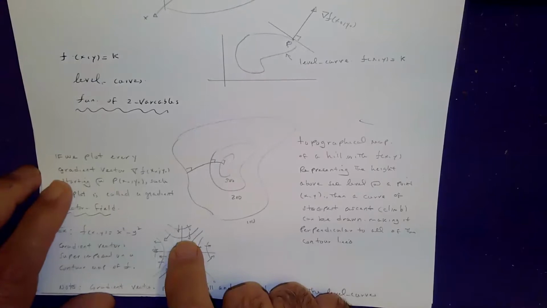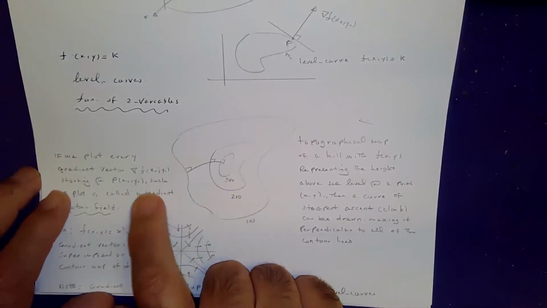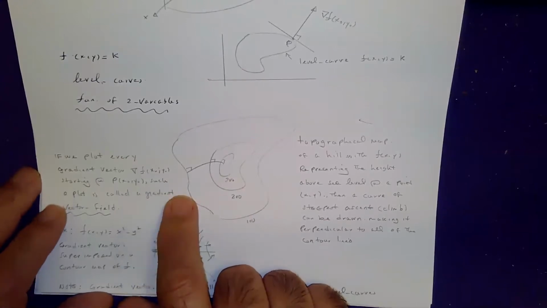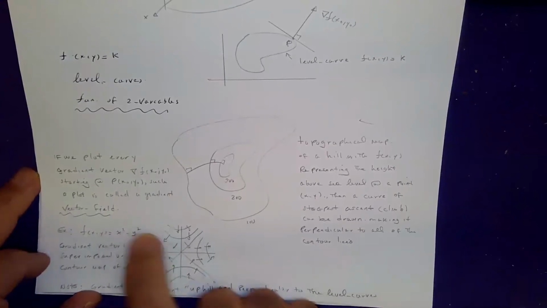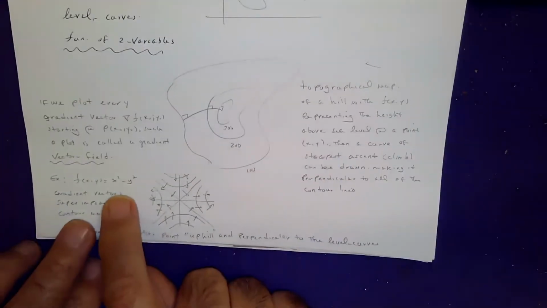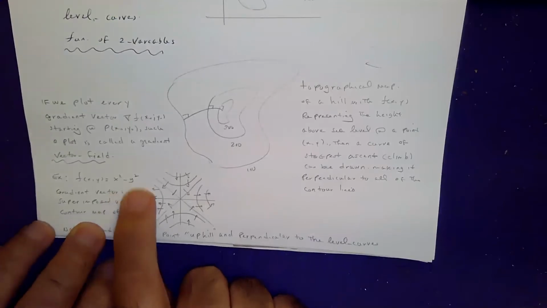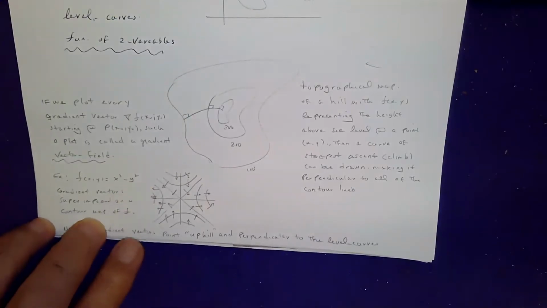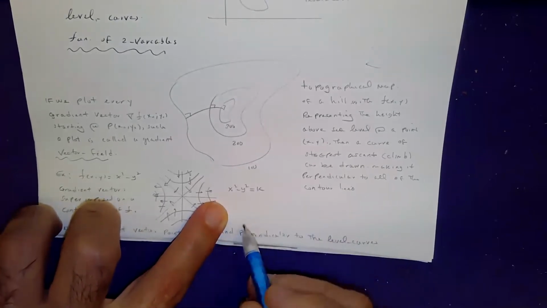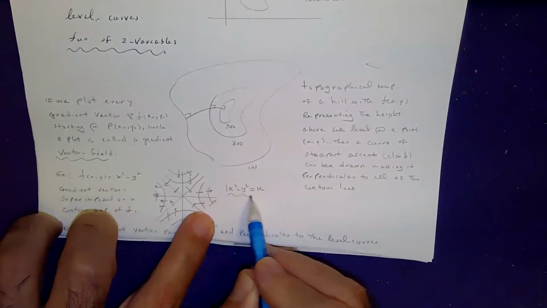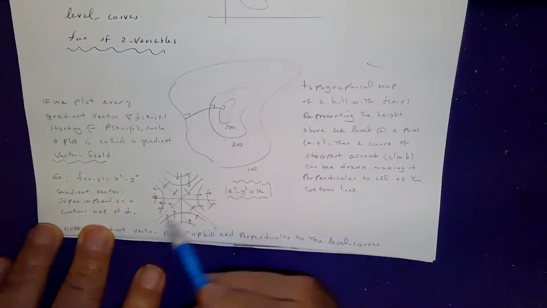If we plot gradient vectors starting at a point (x0, y0), such a plot is called a gradient vector field. For instance, if you graph the level curves for x squared minus y squared, which you can do by setting x squared minus y squared equal to k and replacing k with a bunch of numbers, you get all these curves.